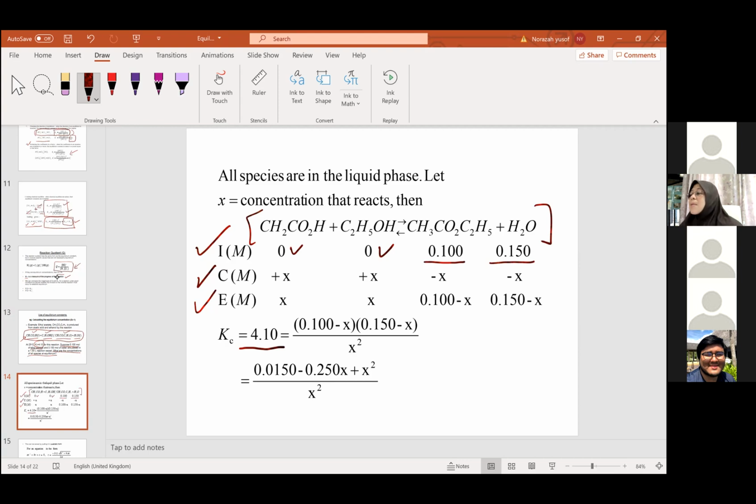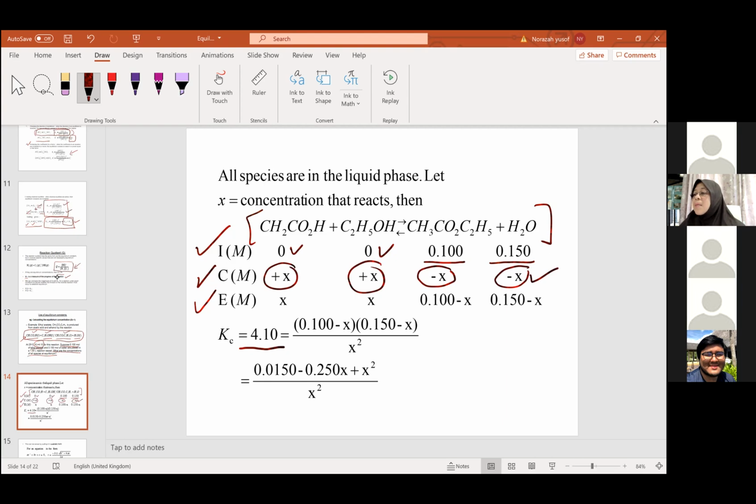And this one, I'm sure that you know, after the reaction, there is a concentration change. X mole of ethyl acetate being used, as well as X mole of water being used and converted into X mole of ethanol and X mole of acetic acid.